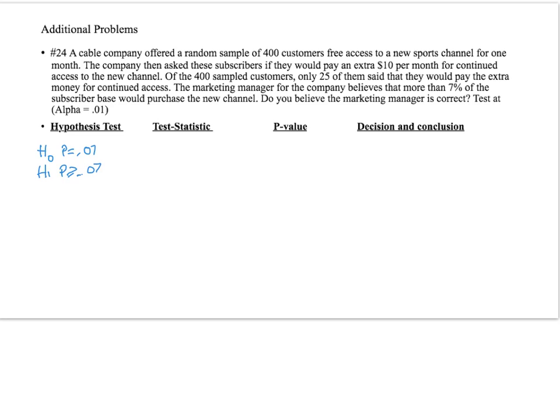So we have the customer information, right? So X is equal to 25, n is equal to 400. P hat is equal to 25 divided by 400, which is equal to 0.0625.